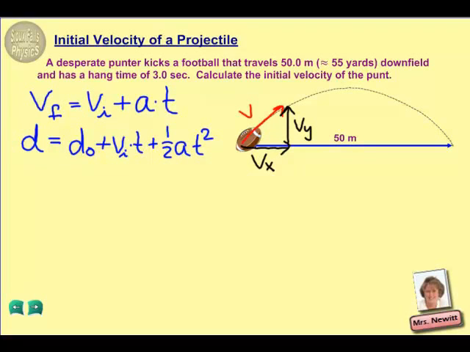The other piece that we may want to add to our diagram is some information about the time. Notice that the hang time is given as 3 seconds. That means it is 3 seconds from the time that it is initially kicked all the way until it reaches its end point over here.